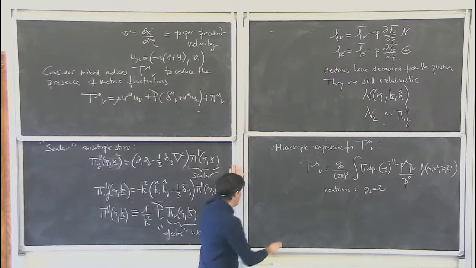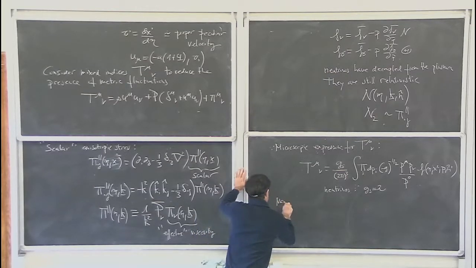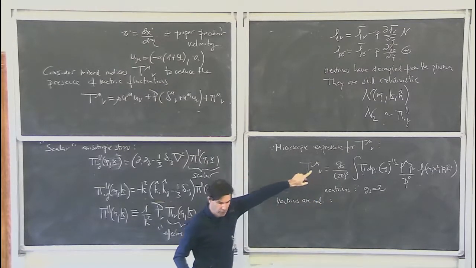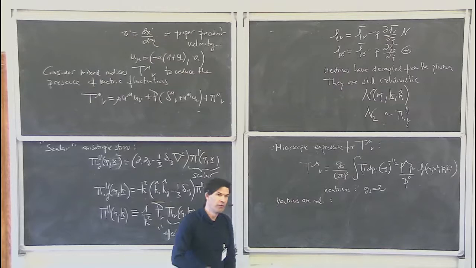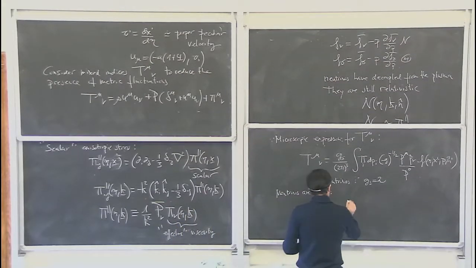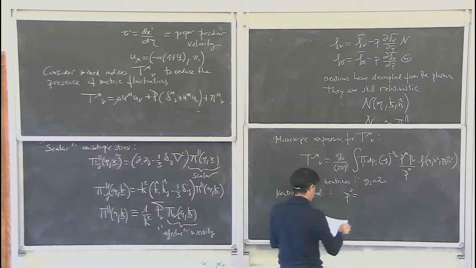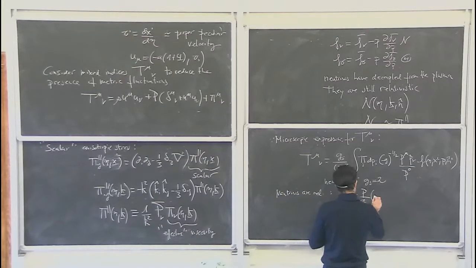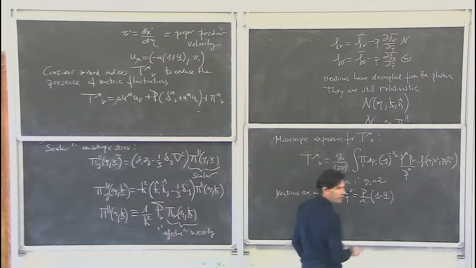Now, as I said, the neutrinos are relativistic. So we already have the expression of the contravariant and covariant canonical momenta. Just to remind you, we found that P^0 for a relativistic particle is the modulus of the physical momentum divided by a, times 1 minus psi at first order in perturbation.